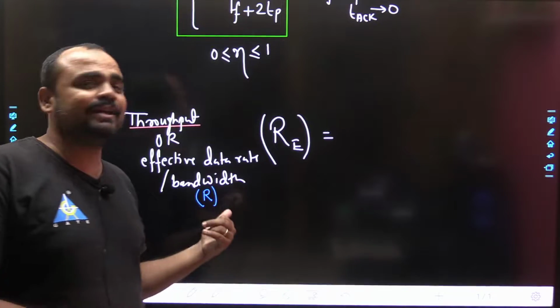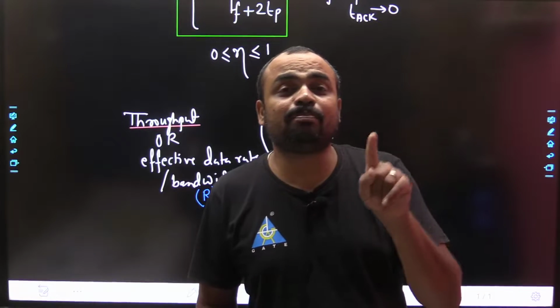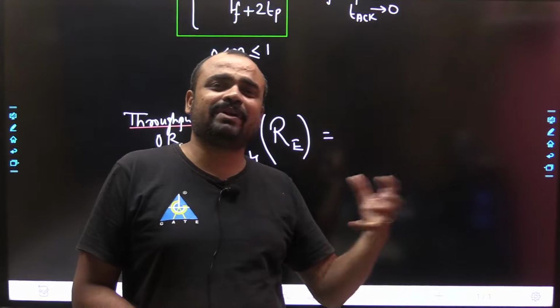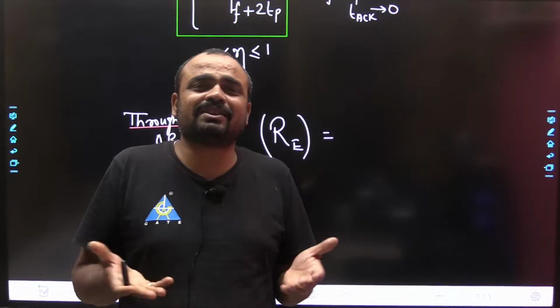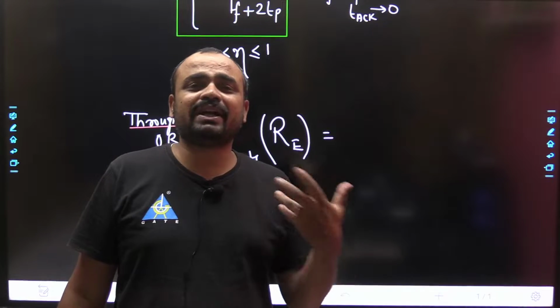And here in place of something, we will consider the number of bits. So basically the sender transmits the frames, and a frame is nothing but a sequence of bits. So here how can we define the throughput?